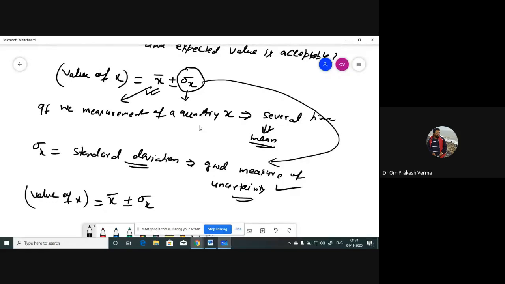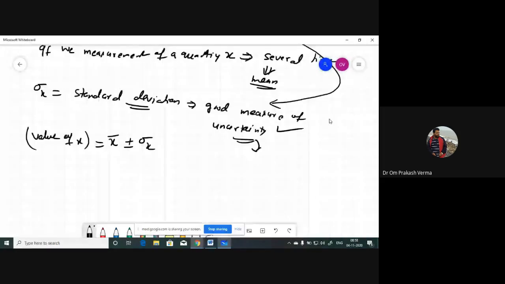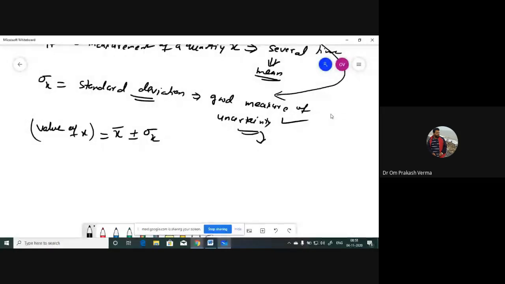How the uncertainty will define, and this uncertainty is nothing but the confidence level. This is the confidence level. This uncertainty is basically defined in terms of confidence level corresponding to whatever your range decided.